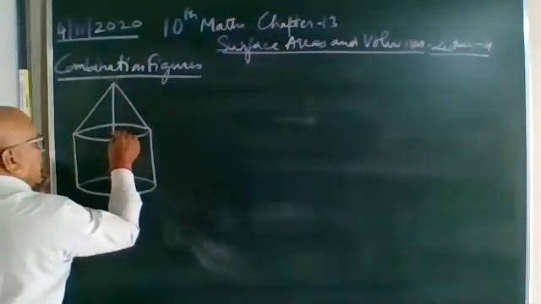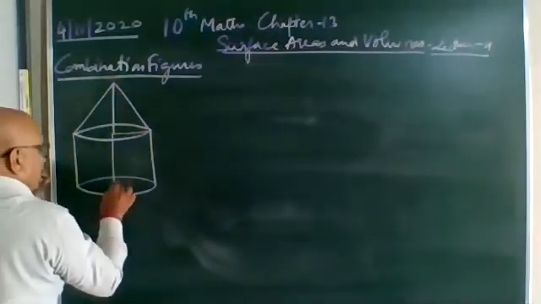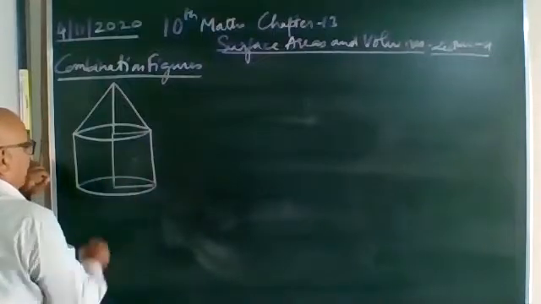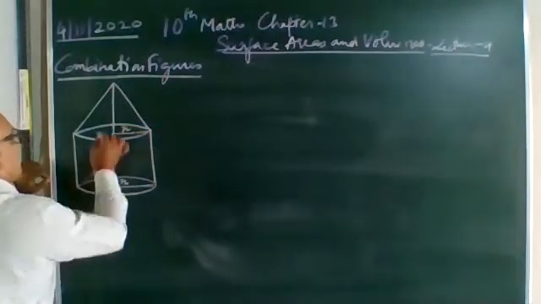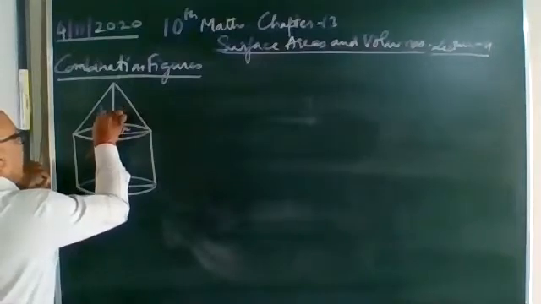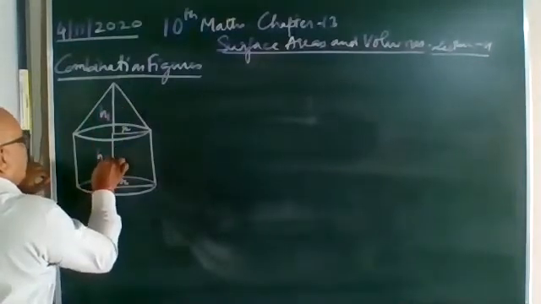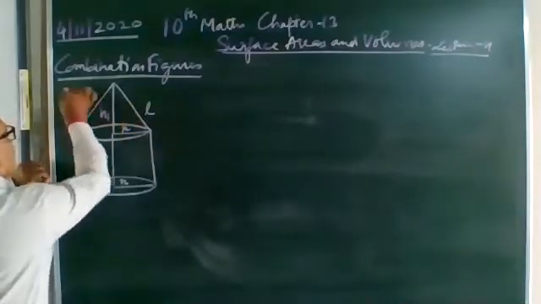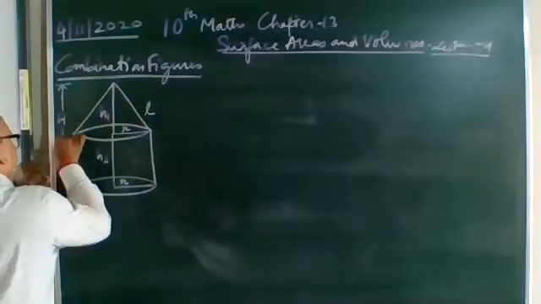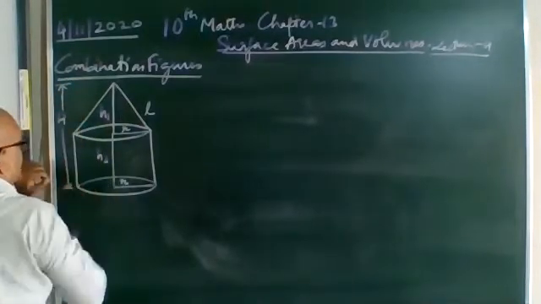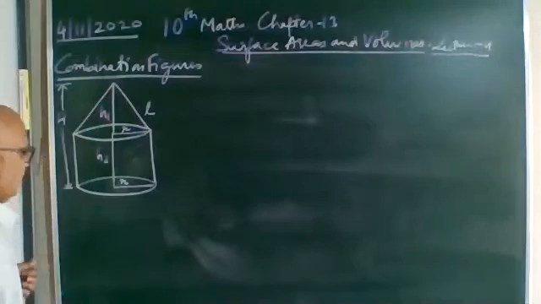This is R, this is R, this is H1, this is H2, this is the flat height, and the total height of this will be capital H. So this is the first type of figure.